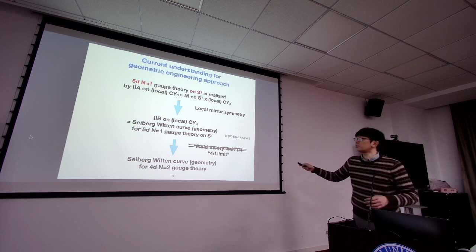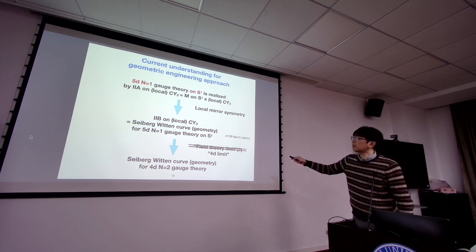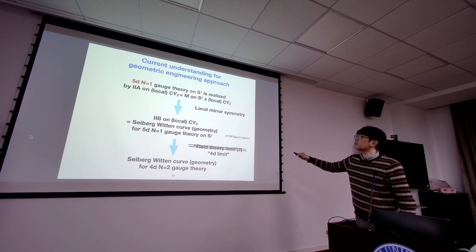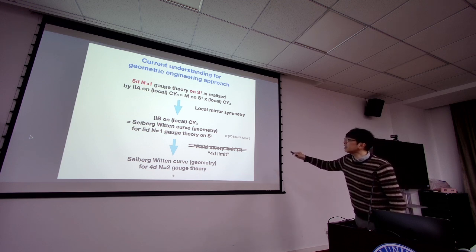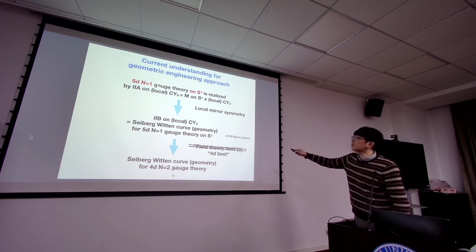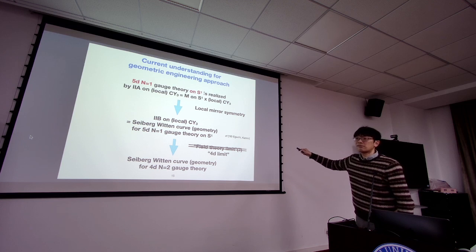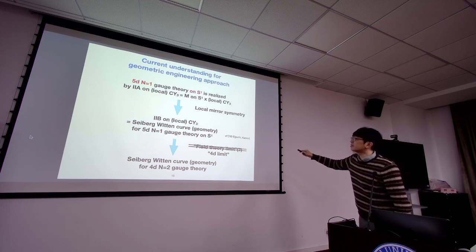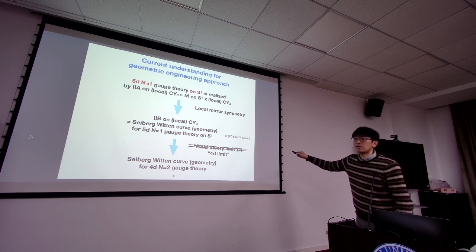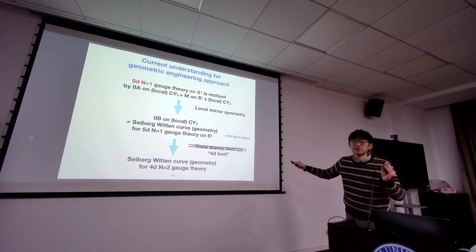But on the other hand, we know that type IIA on Calabi-Yau is equal to M theory on S1 times a Calabi-Yau threefold. If we understand it like this, it is actually the 5D N=1 gauge theory on S1 rather than 4D N=2, unless this circle S1 or the coupling is infinitely small.